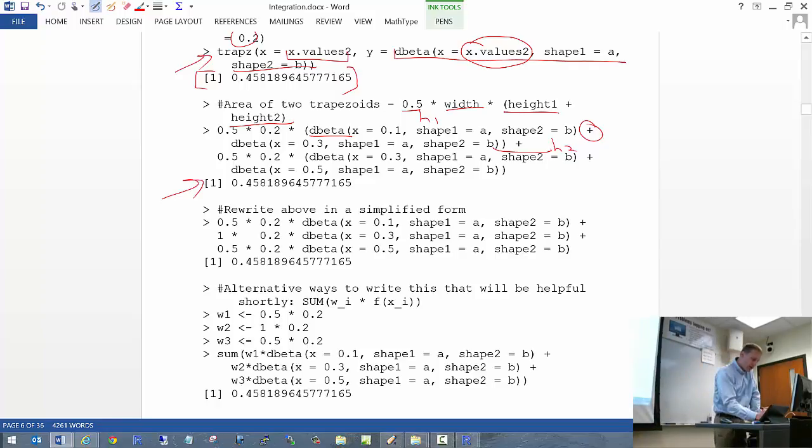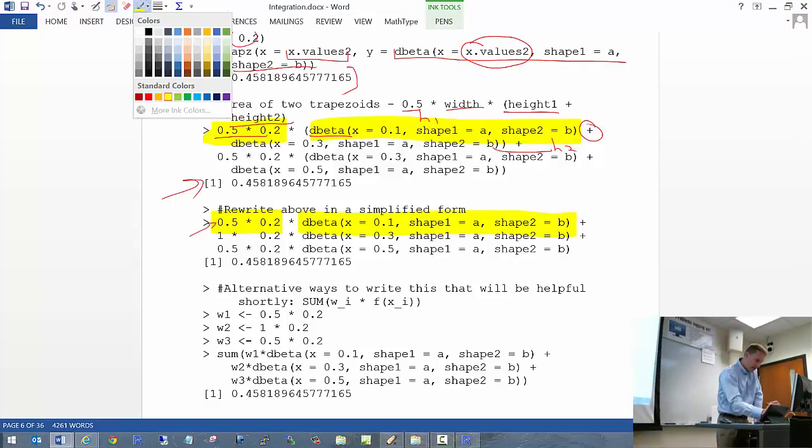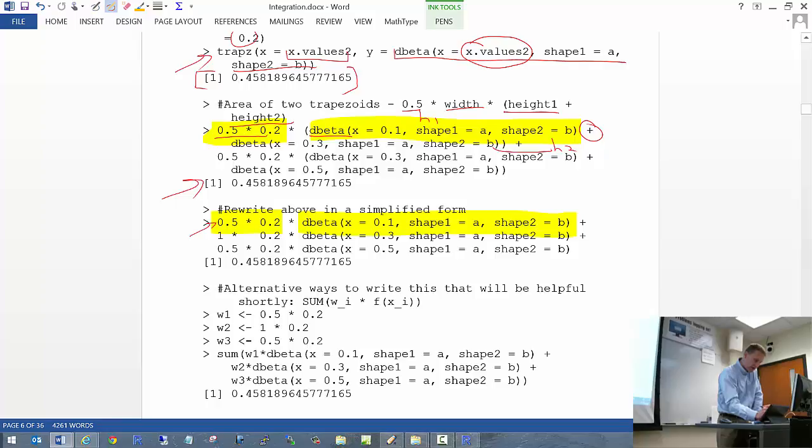So now what I could do is write it so that I have 0.5 times the 0.2, just like what we saw before. Let me do a little highlight there. And then I'm going to multiply through to get the first height. And then I'm going to also do the same thing for the second height.